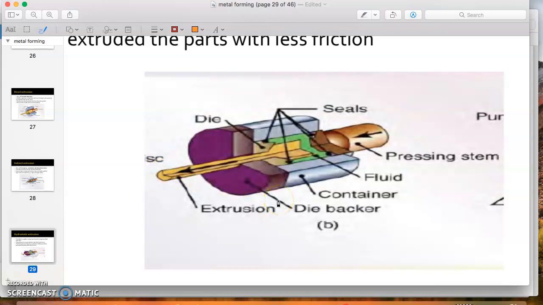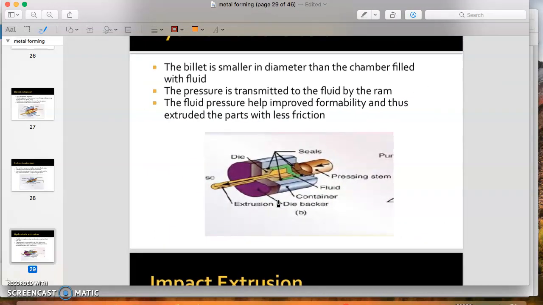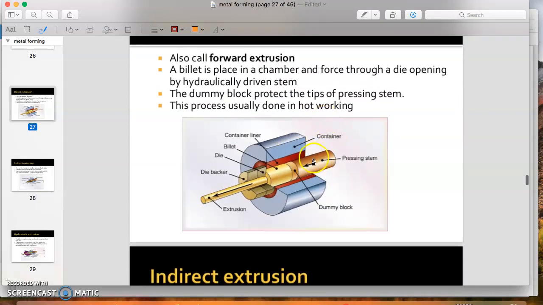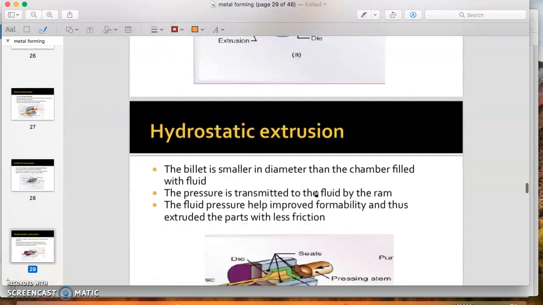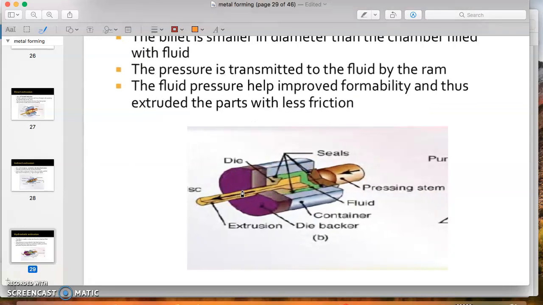So hydrostatic extrusion looks similar to direct extrusion, where the pressing stem pushes the raw material through the die. It is the same process, where the pressing stem pushes the fluid, the fluid increases the pressure, and the pressure forces the raw material through the opening of the die.